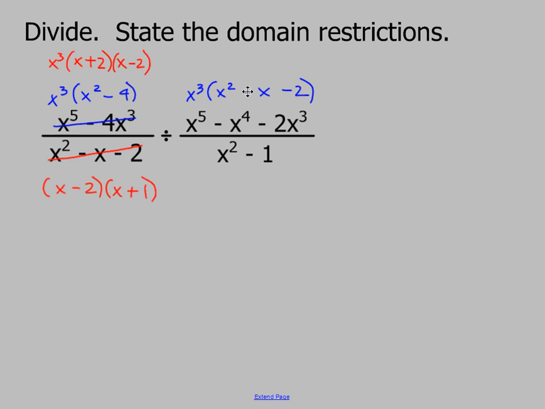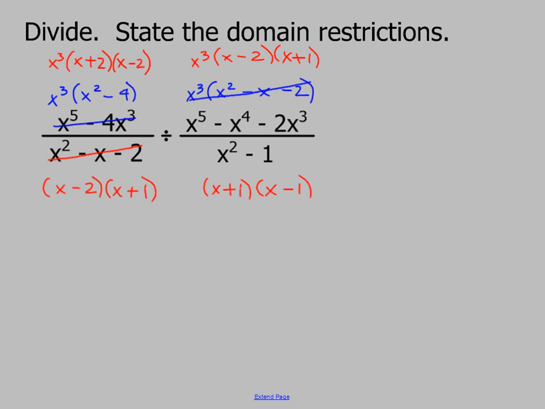Well, this part right here can factor again, so I have my x to the third still. And then this factors into x minus 2 times x plus 1. And then this one is a difference of perfect squares, so that's going to factor into x plus 1 and x minus 1. So remember, we don't divide fractions, we multiply by the reciprocal.